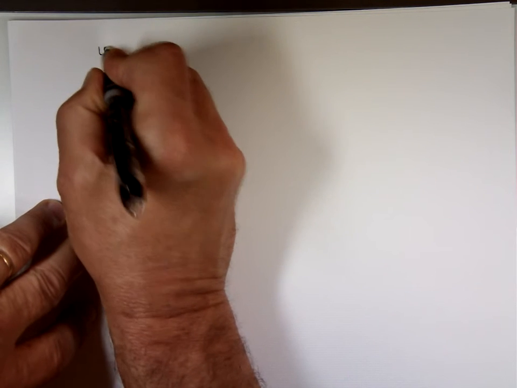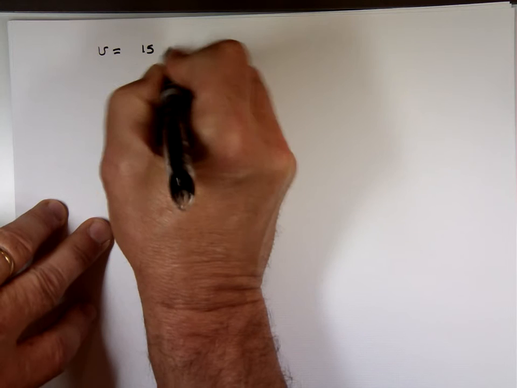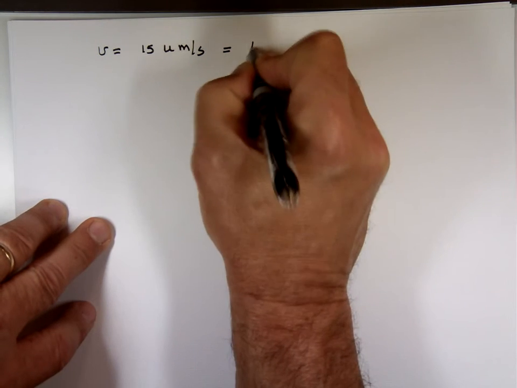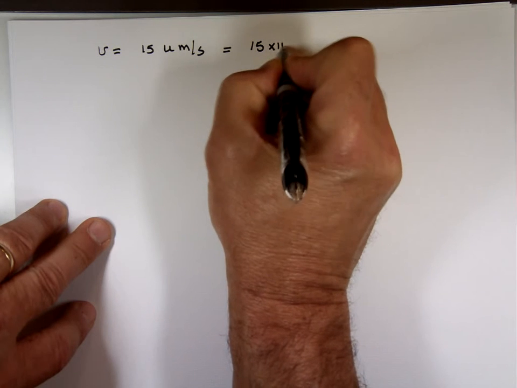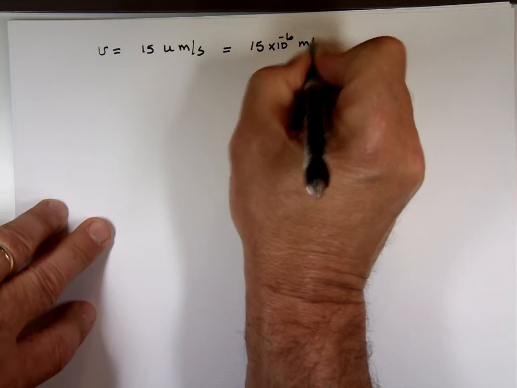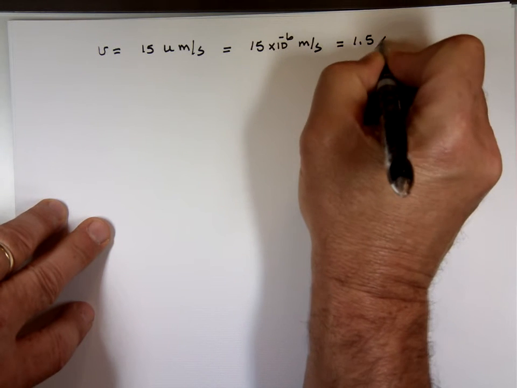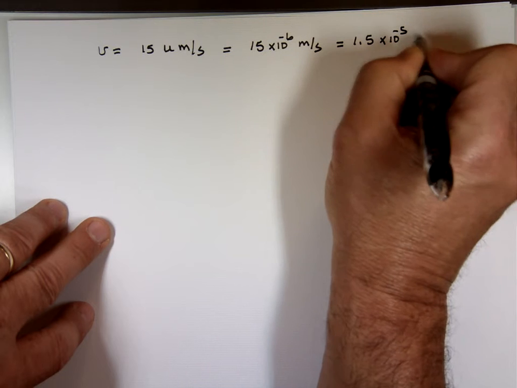I don't know if that's significant, the 0.1%, or just health-wise there. These bacteria have been observed to move with a speed of up to 15 micrometers per second, which means a micro is 10 to the minus 6, so 15 times 10 to the negative 6 meters per second, or 1.5 times 10 to the negative 5 meters per second.